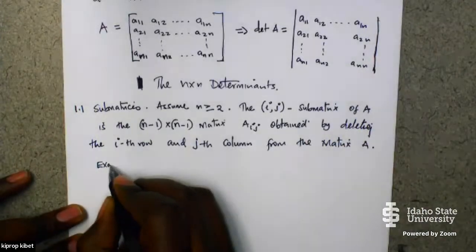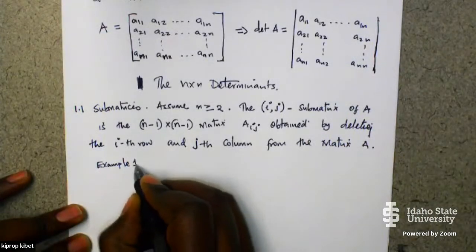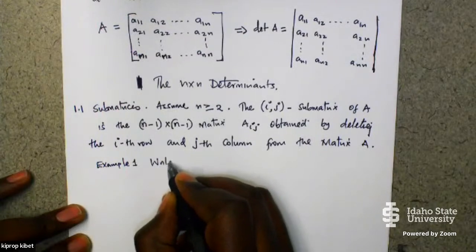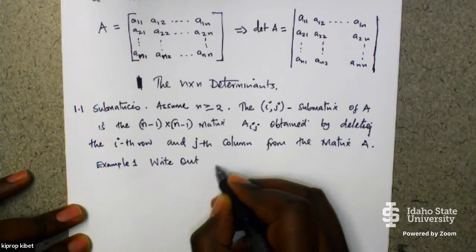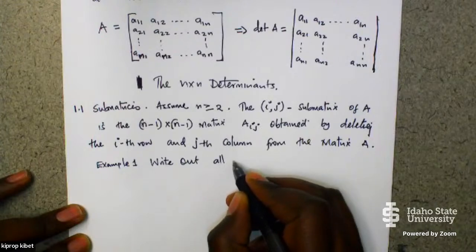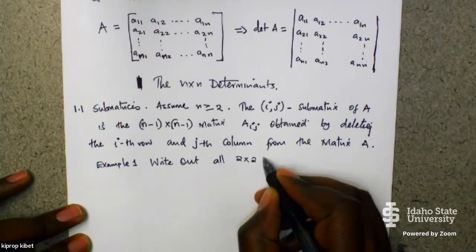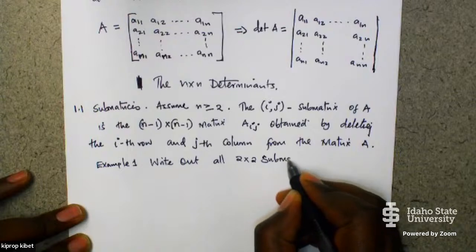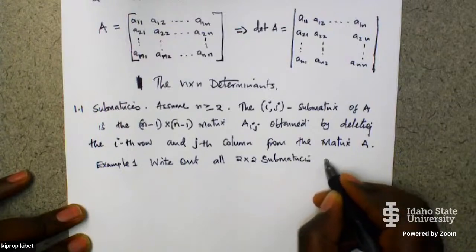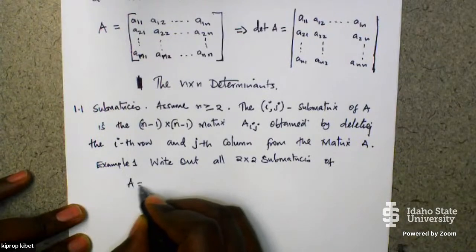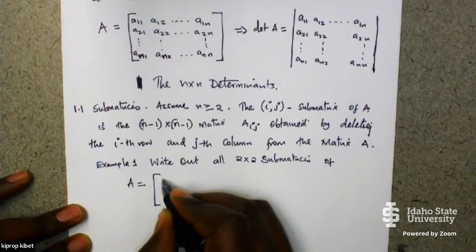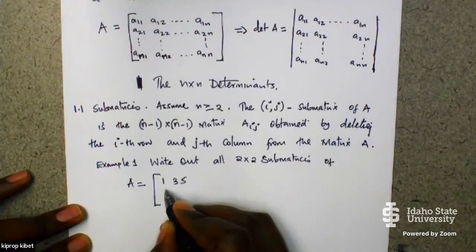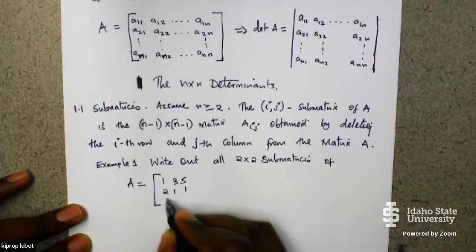For example, example number 1. Write out all 2 by 2 submatrices of A, which is equal to 1, 3, 5, 2, 1, 1, 3, 4, 2.